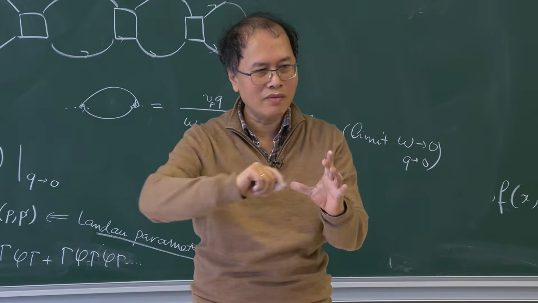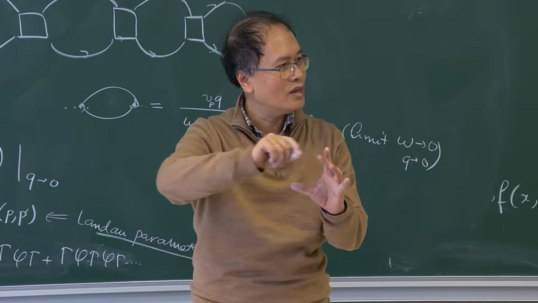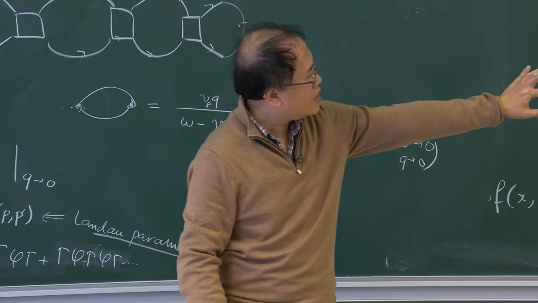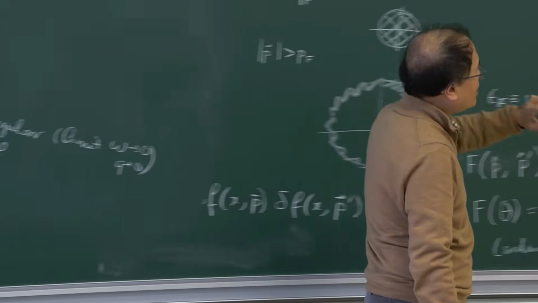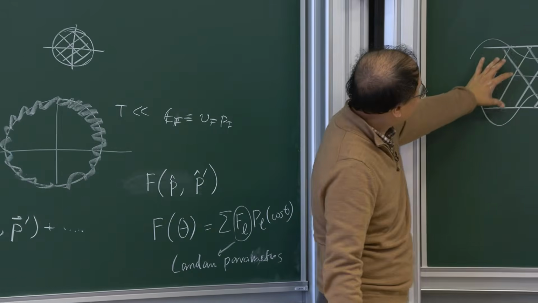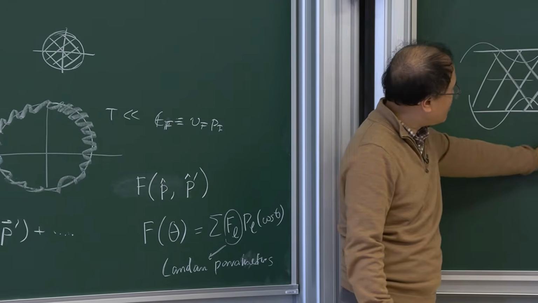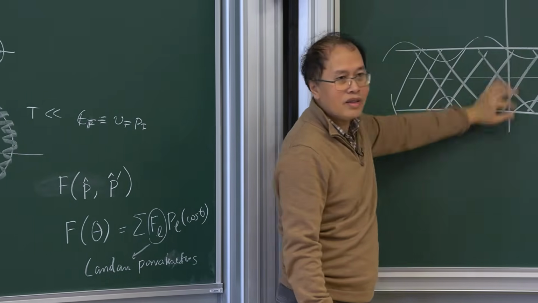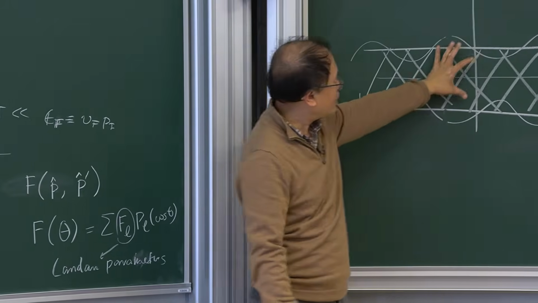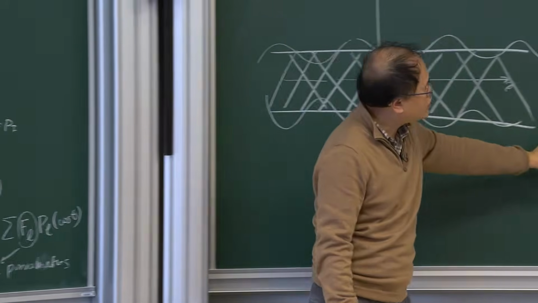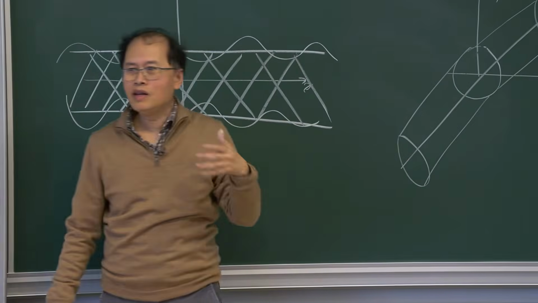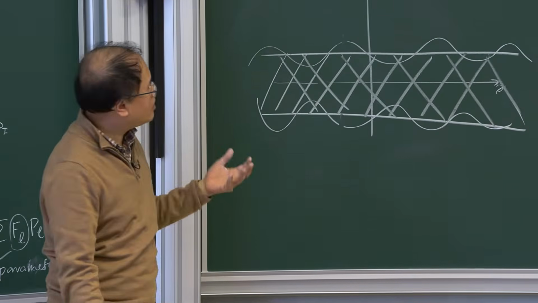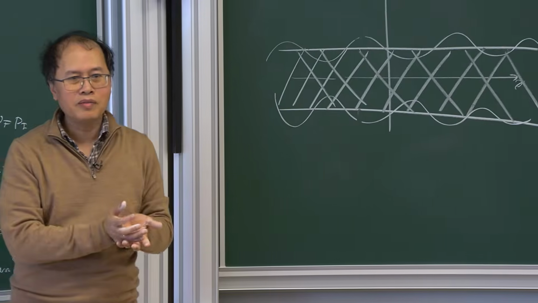All the degrees of freedom near the Fermi surface are large, relevant. In Landau theory, one can see this in one dimension. One can parameterize the shape of the Fermi surface by two parameters, the upper and the lower range of the Fermi surface. But if we have a tube like this, it's an infinite number of parameters that one has to introduce in order to describe the shape of the Fermi surface.